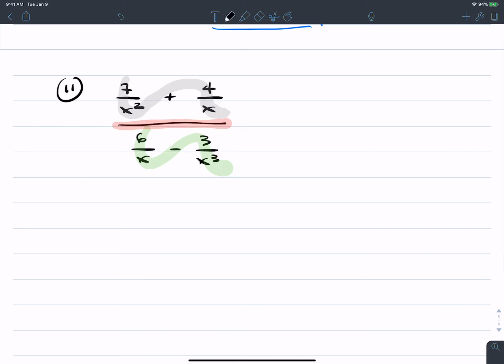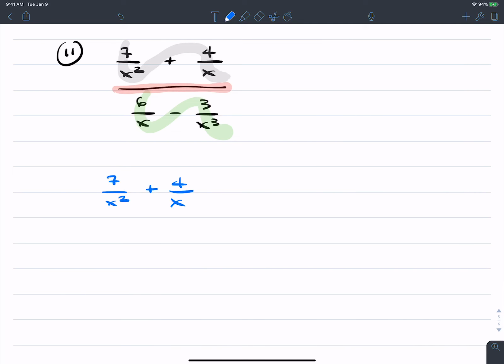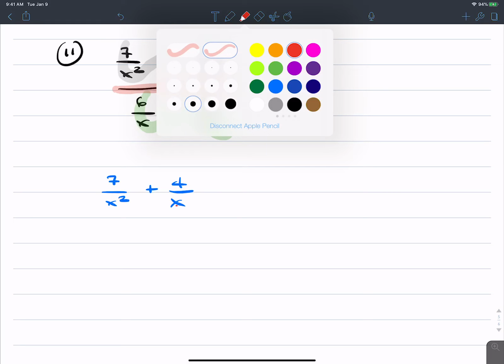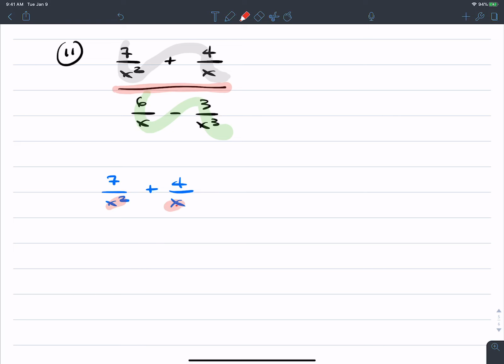So here's the deal. 7 over x squared plus 4 over x. We're going to take our shortcut, or at least at this point, maybe we should review a little bit of the procedure. I think this is good. Notice here the shortcut's not good because we'll have to do a lot of simplification. These two terms here are not prime. I'm looking at the denominators here of x squared and x, they're not prime. So let's find the LCM.